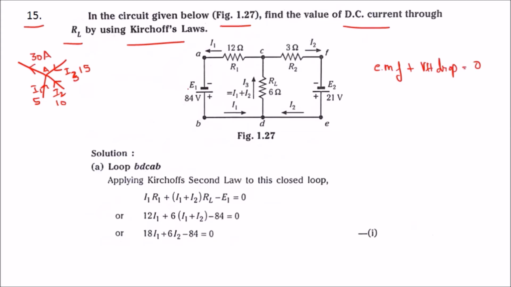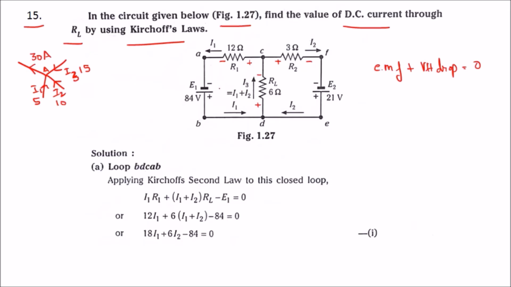So here we will use the second law, that is Kirchhoff voltage law. Here we will first write the indication, so this will be plus minus, plus minus according to the direction, plus minus.